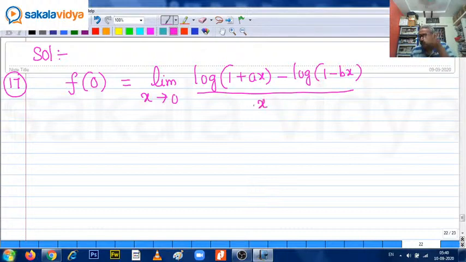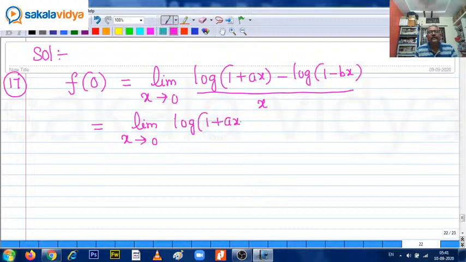Now separate the terms. This we can write as limit x tends to 0, log of 1 plus ax upon x minus log of 1 minus bx upon x.